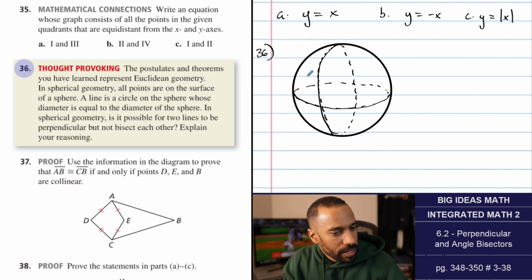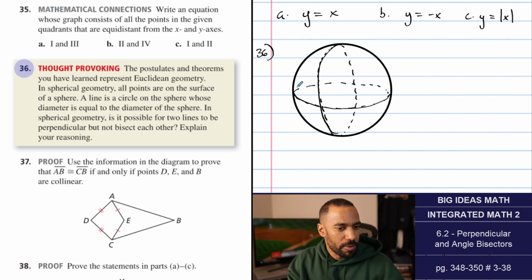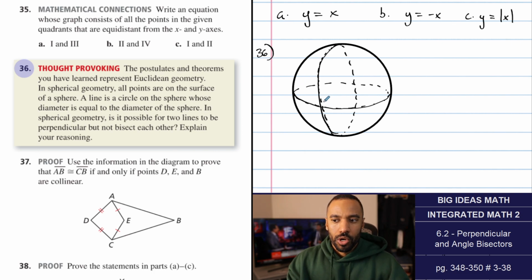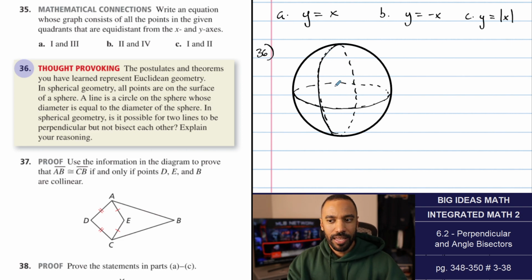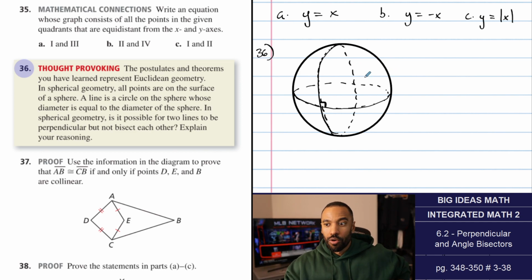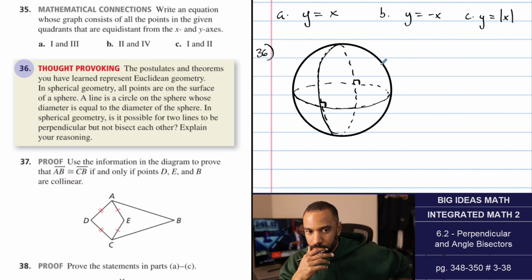What are they asking? In spherical geometry, is it possible for two lines to be perpendicular but not bisect each other? These ones, because this is that vertical circle, it's kind of like the equator and prime meridian for the Earth, right? So they intersect perpendicularly, say like that, and they do over here as well. Is it possible for them to be perpendicular but not bisect each other?